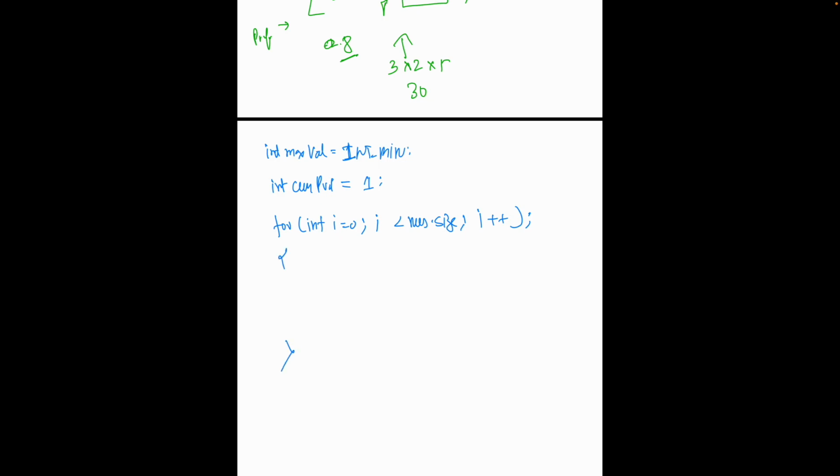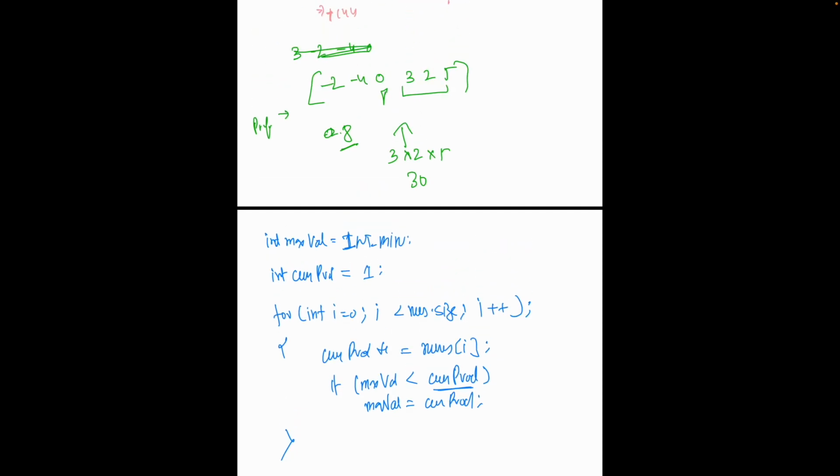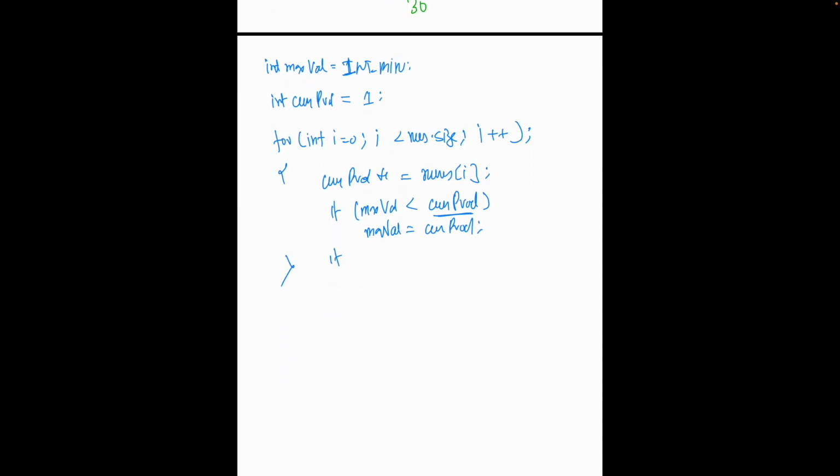Every time we come here, we say current prod times equals nums[i], and if max val is smaller than current prod, that means there's a new maximum, so we say max val equals current prod. And then the thing about 0: if current prod ever becomes 0, then change the value of current prod to 1.